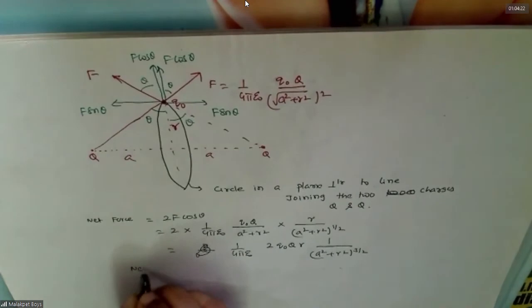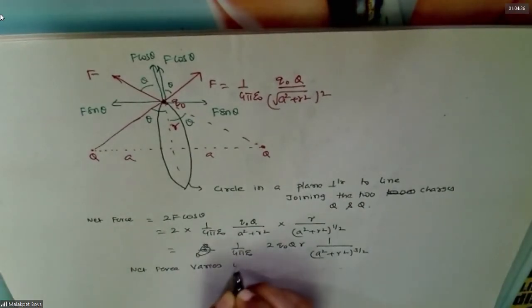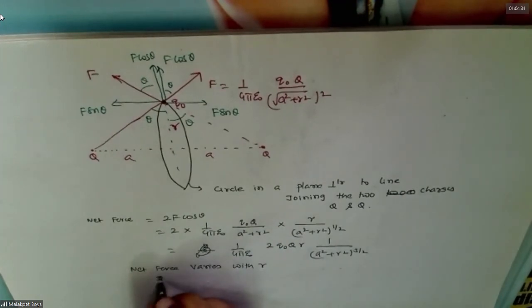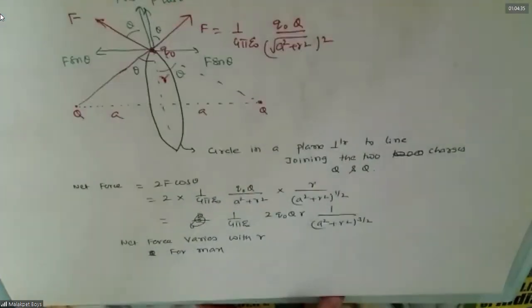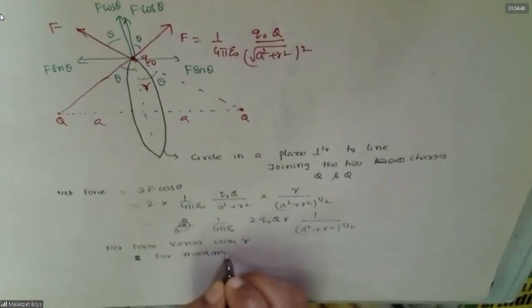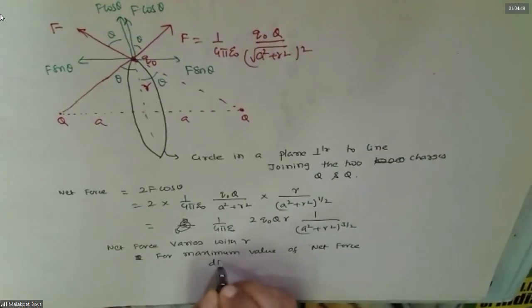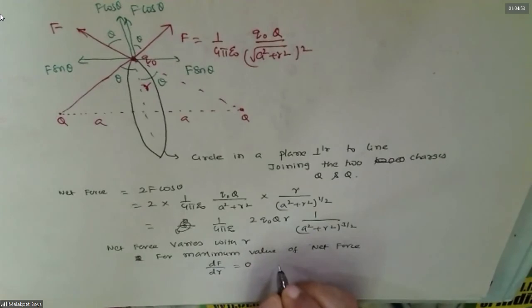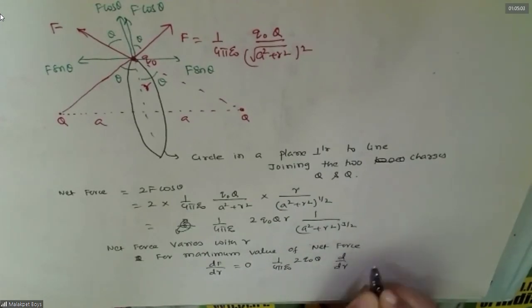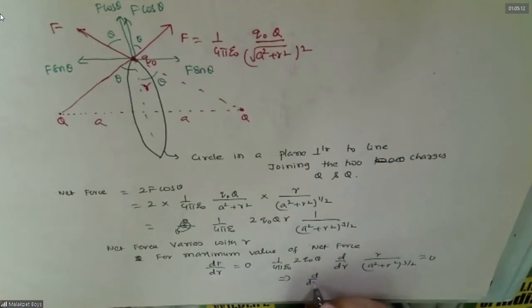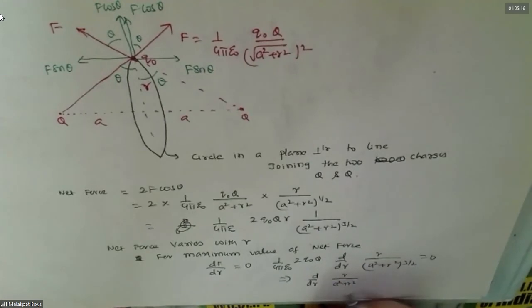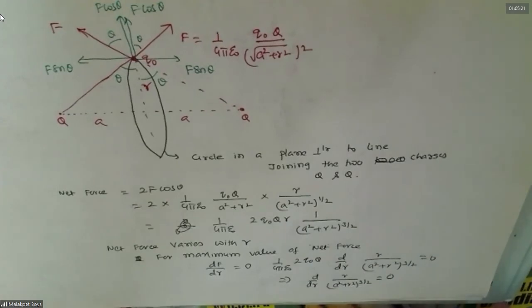Now this force varies with R, no? This is an HC Verma exercise question only. dF by dR equals 0.